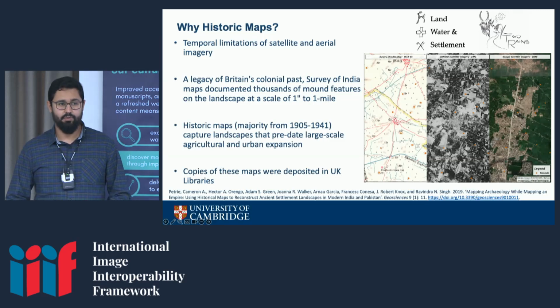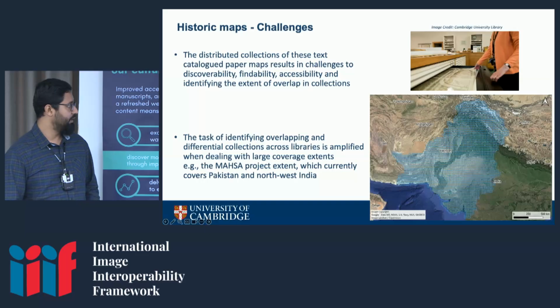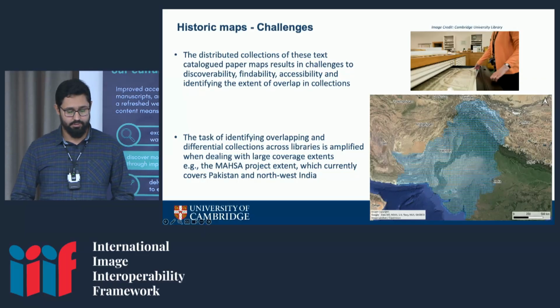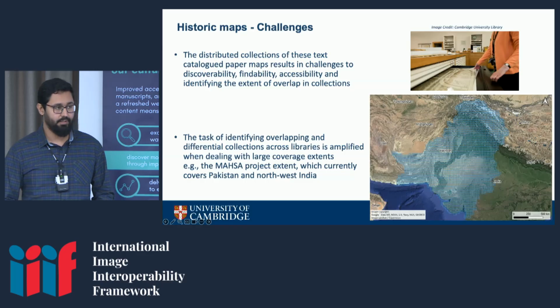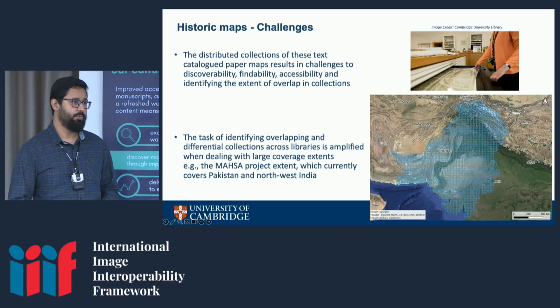When we started working with these map sheets, we realized that there were a number of challenges in terms of discoverability, findability, and accessibility, because these map sheets existed as a collection of text catalogs and paper maps, and there was not really a digital interface or a geospatial search interface where we could find which map sheets are covering a particular area for the project.